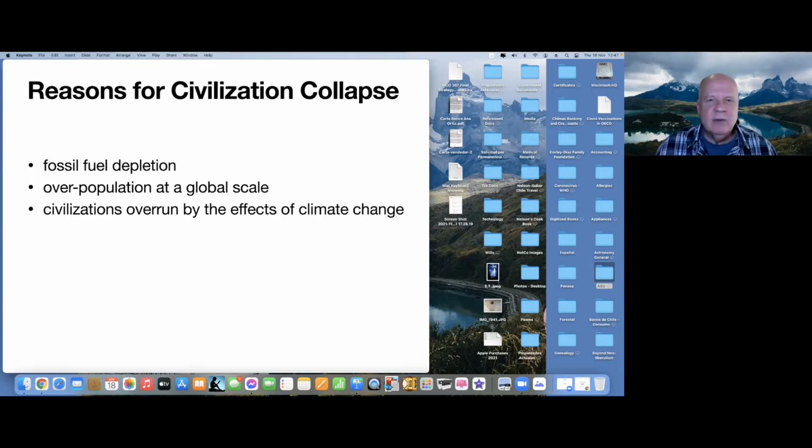Let's look at the things that are keeping that civilization alive on the one hand, and also threatening its existence on the other. One of those is fossil fuels. We can't do much without fossil fuels, but there is a possibility that we could run out of them. So is that something that could cause the collapse of civilization?